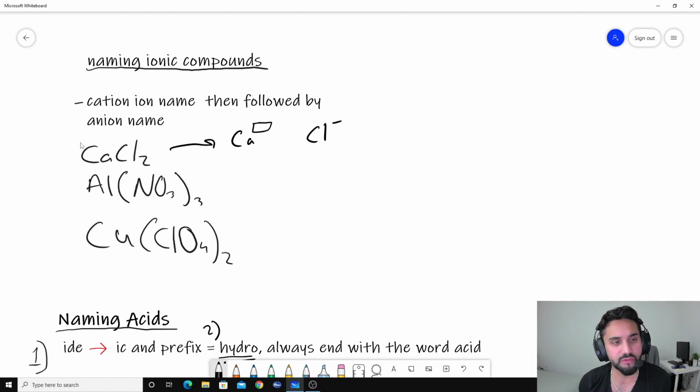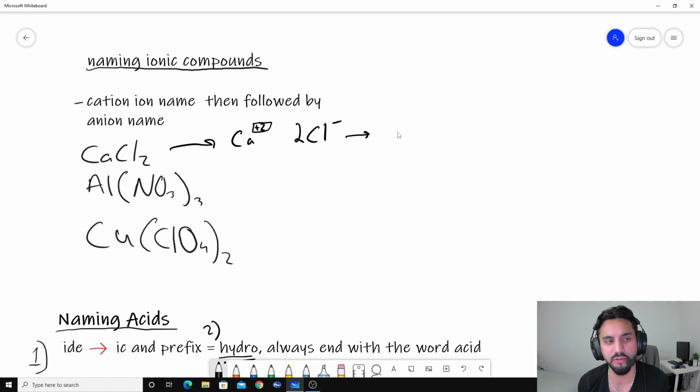Neutralizing meaning there's no charge. So we have two of them. So we must have 2 plus charge calcium, right? In order to neutralize this compound.